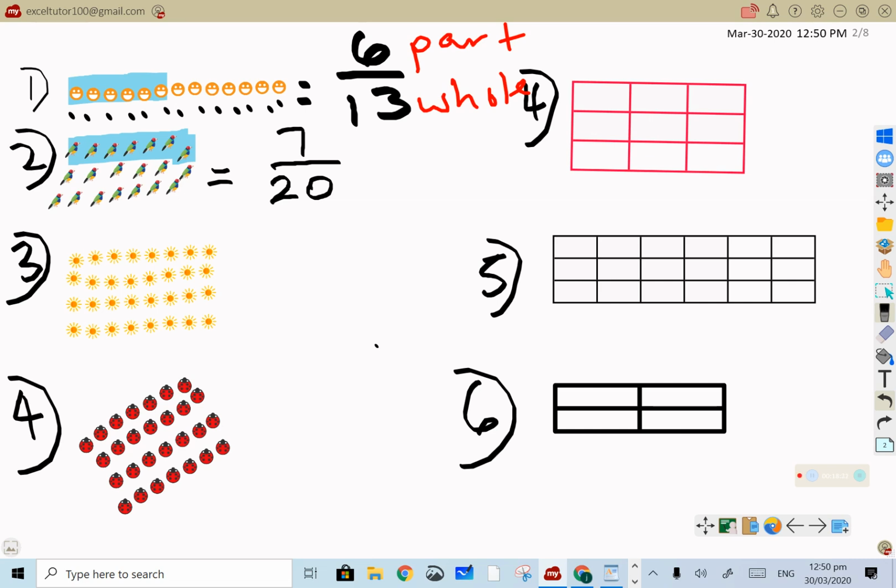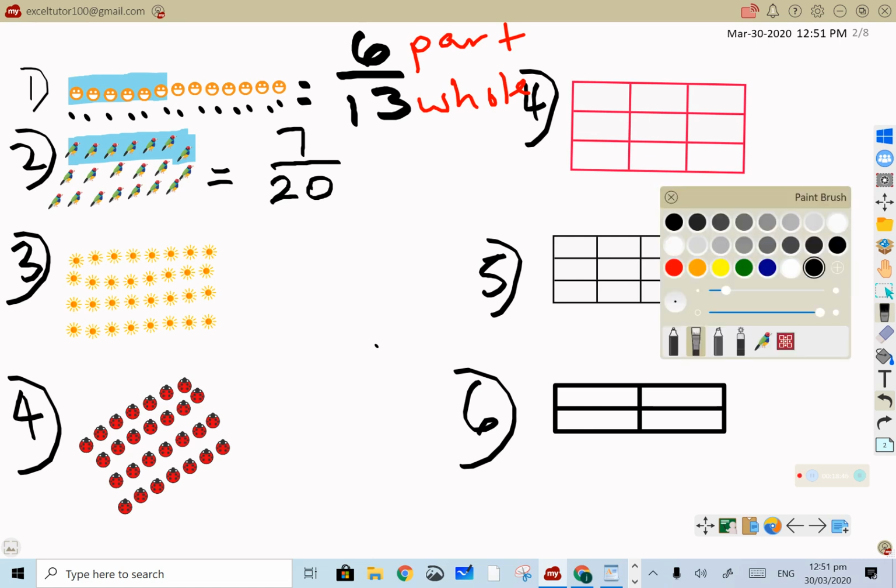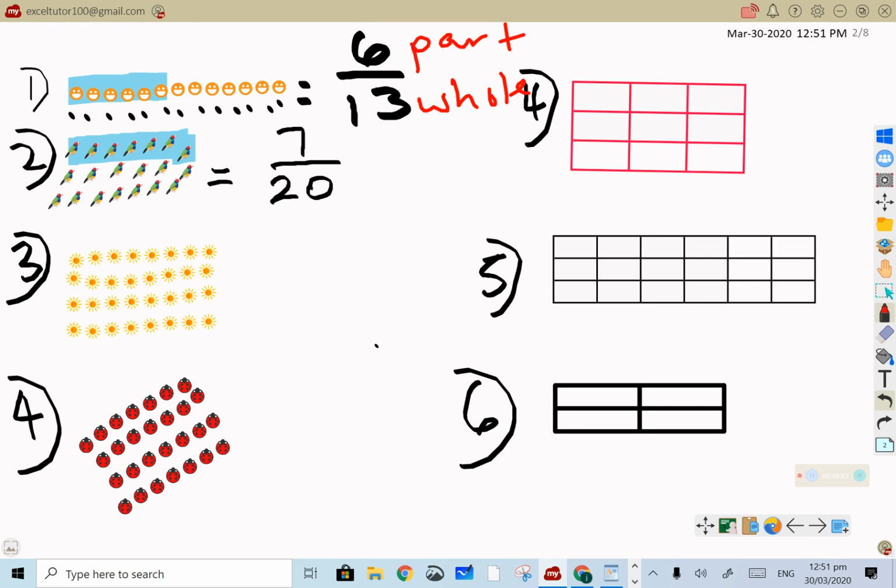So 7 is the part and 20 is the whole. Okay, so the whole is the denominator and the part is the numerator. So the 20 is the denominator.